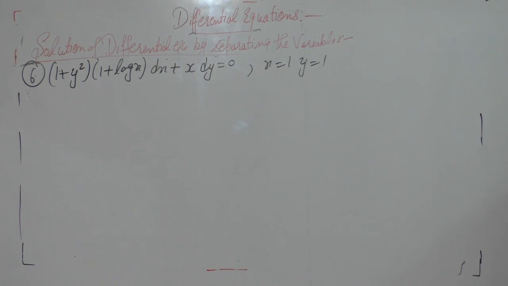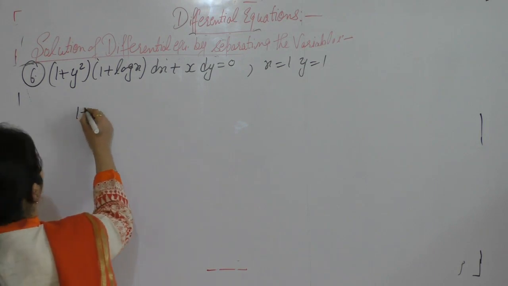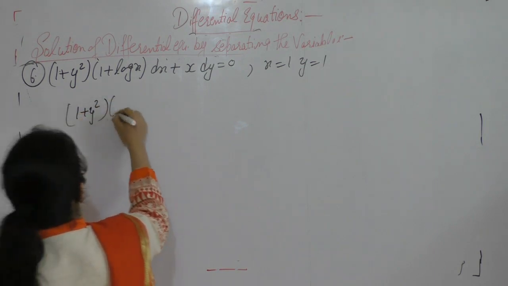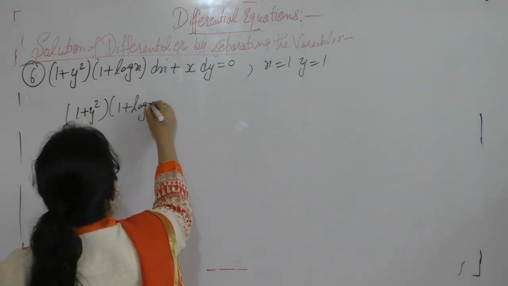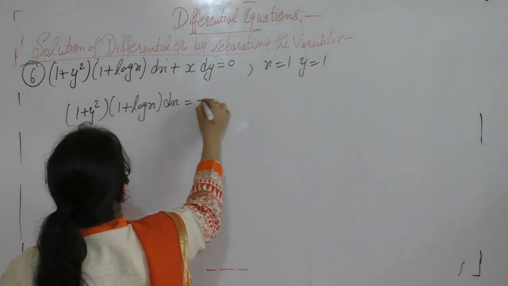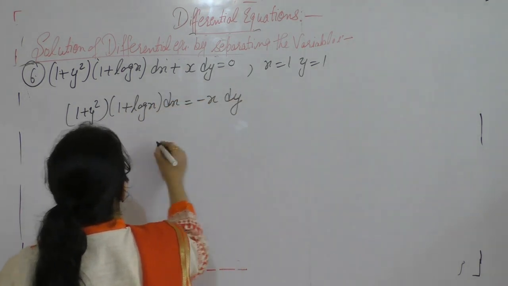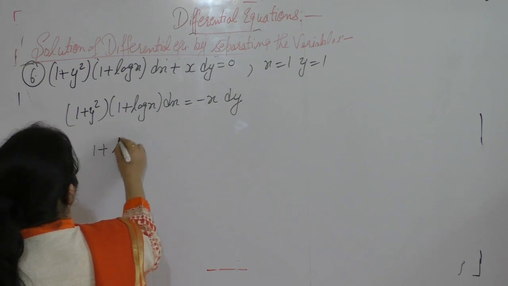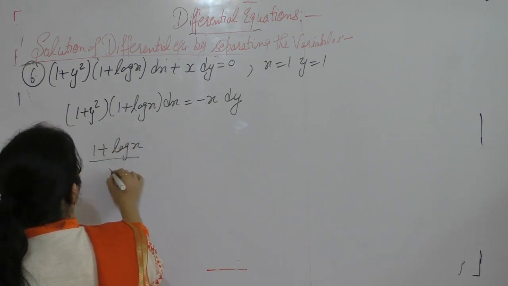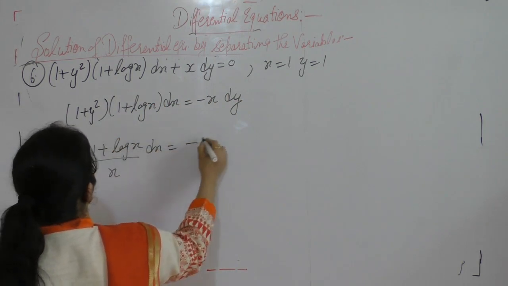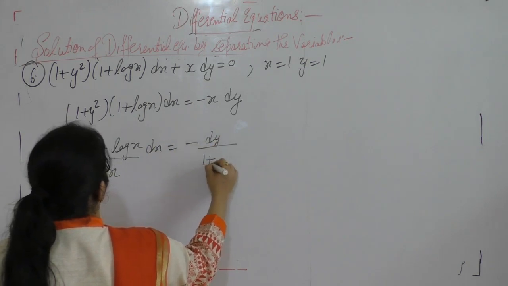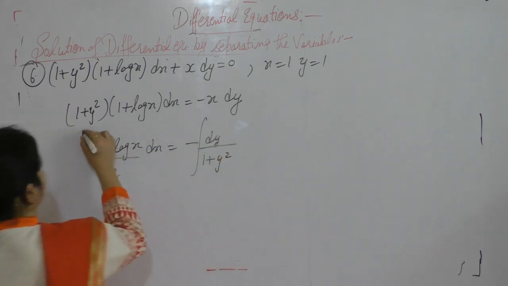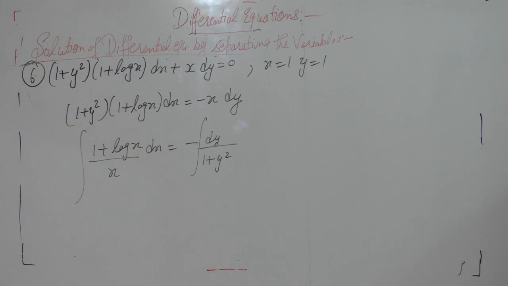First separate the variables. (1 + y^2)(1 + log x) dx is equal to minus x dy. (1 + log x)/x dx = minus dy/(1 + y^2). Integrate both sides.